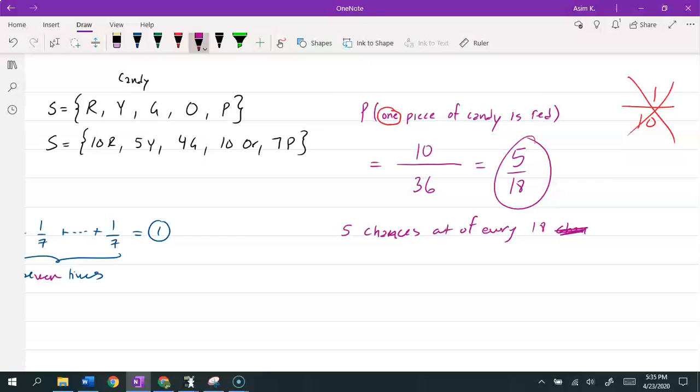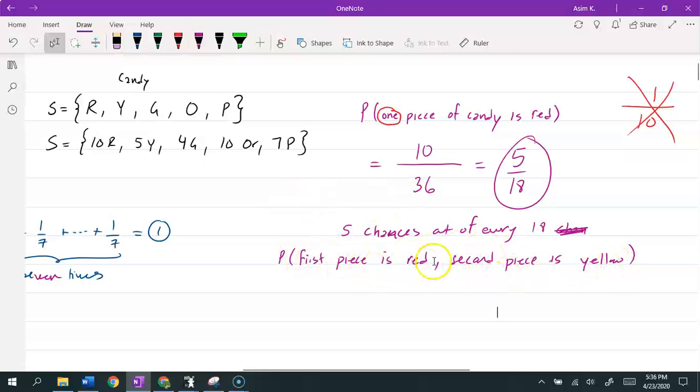Okay, so if you're looking for the probability that your first piece is red, and then you're looking for the probability that the second piece is, actually, you know what, let's pick a different color. Let's say yellow, right? You're looking for this probability to occur, where you don't replace them. You pick out the first piece and then you pick out the second piece.